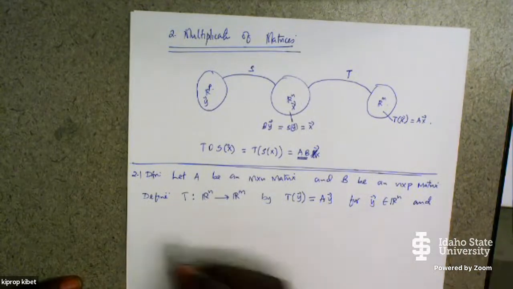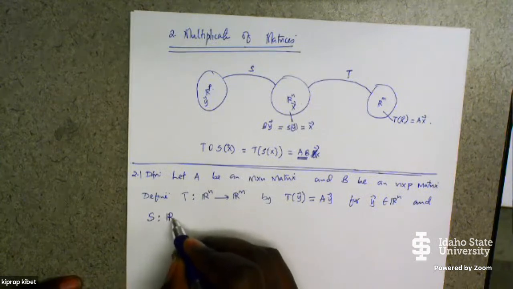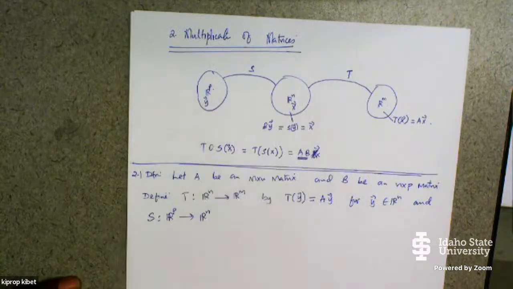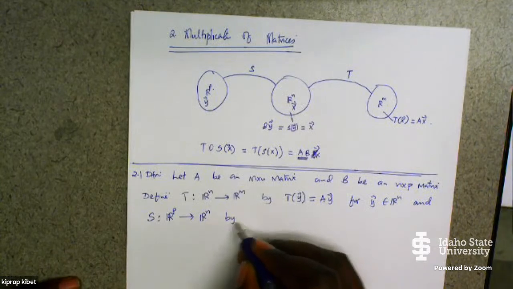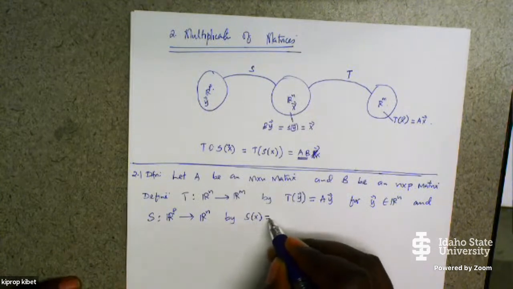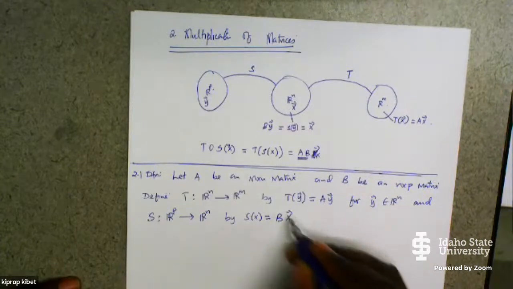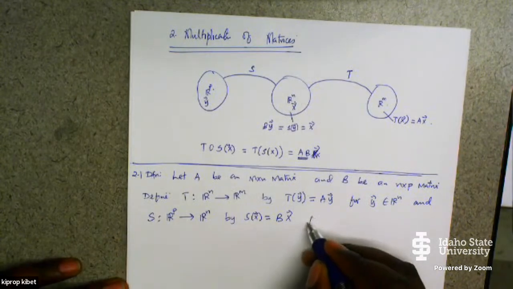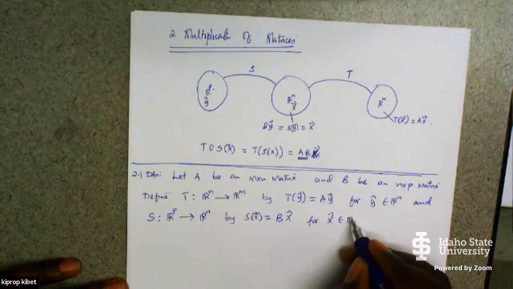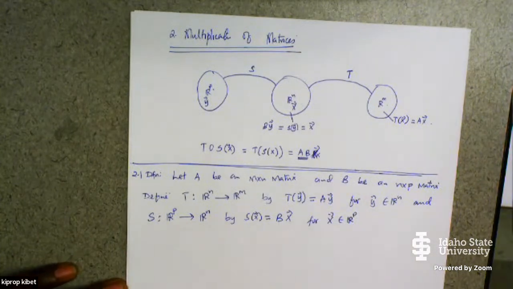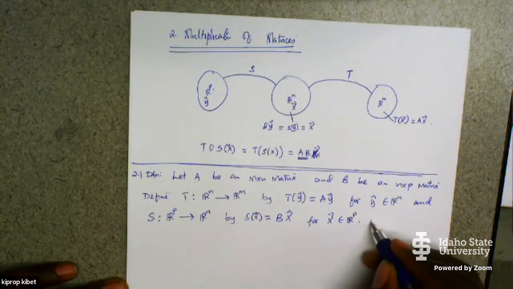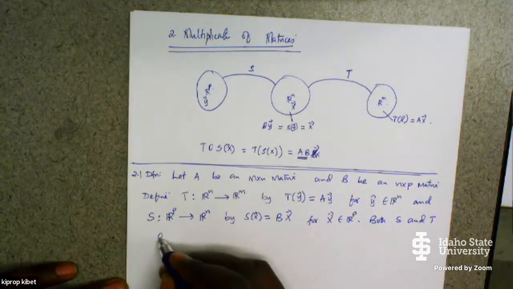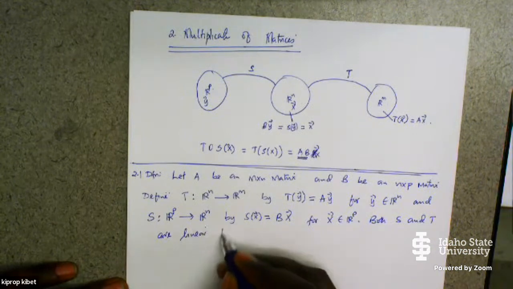And if we take S to be from Rp to Rn by S of X equals B of X, for X an element of Rp, then both S and T are linear transformations.